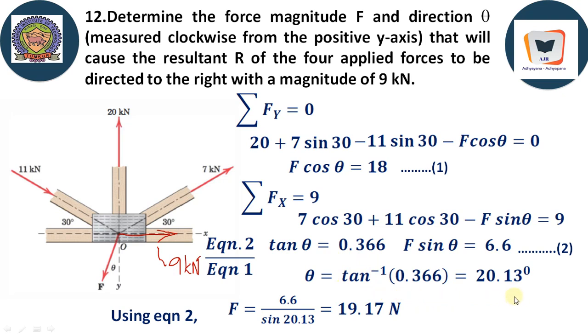So the force F makes an angle of 20.13 degrees. Substituting the value of theta into equation number 2, F equal to 6.6 divided by sine 20.13, and we will get the resultant to be 19.7 kilonewton.